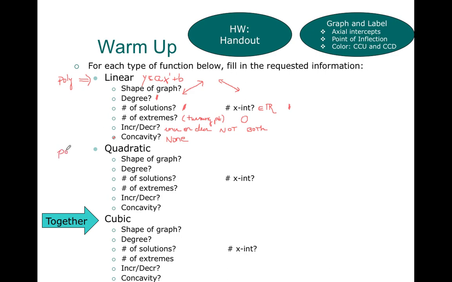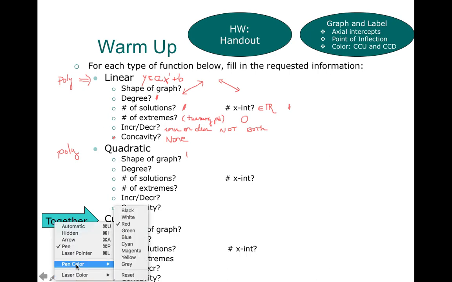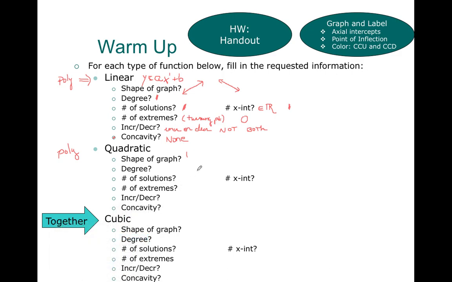Another type of polynomial is a quadratic. What's the shape of a quadratic, though? Let me change my color for quadratics. A quadratic opens up or opens down, and these are polynomial functions, right?